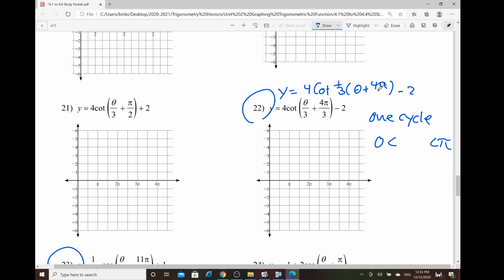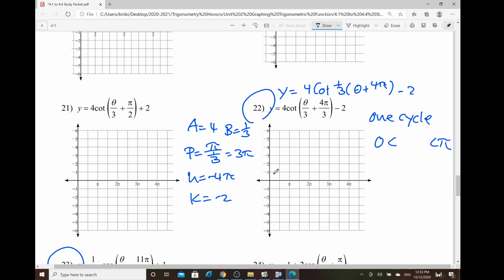So the value of A is 4, and the value of B is 1/3, and the period, so pi over 1/3, which is 3 pi, and then the value of H is negative 4 pi, and the value of K is negative 2.